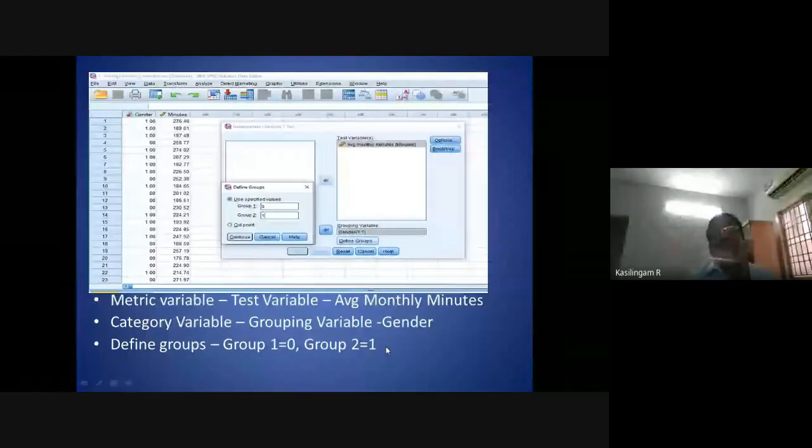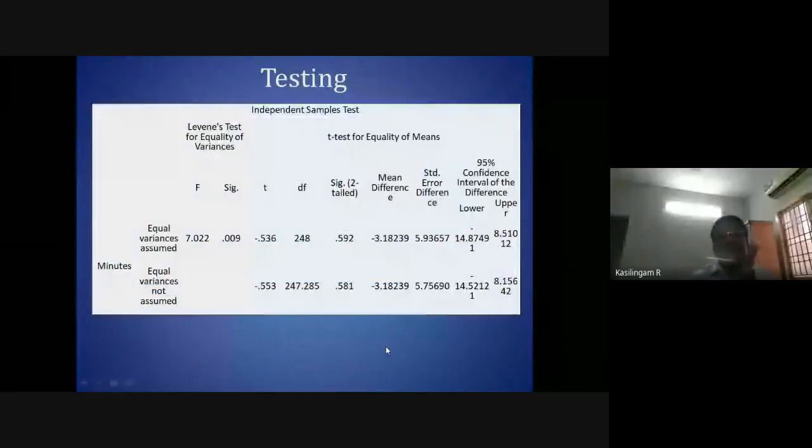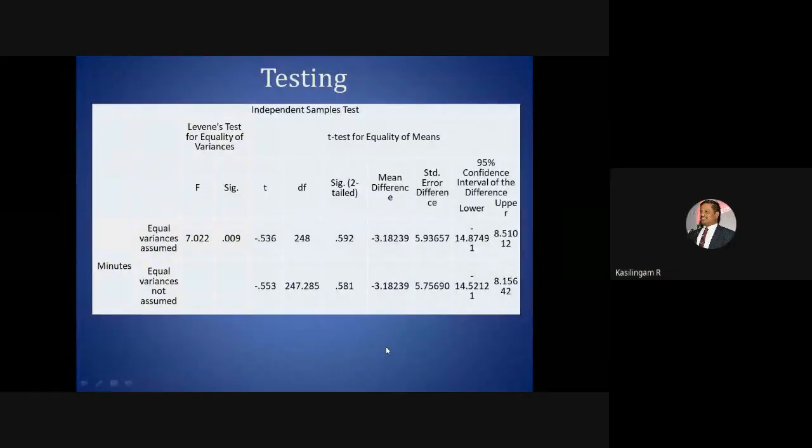Now the result. What do you want to see? The significant value. Very good, sir. Now let me see the value.